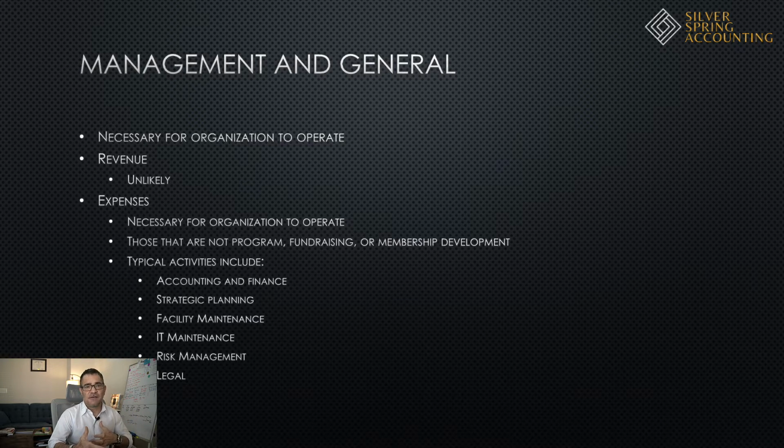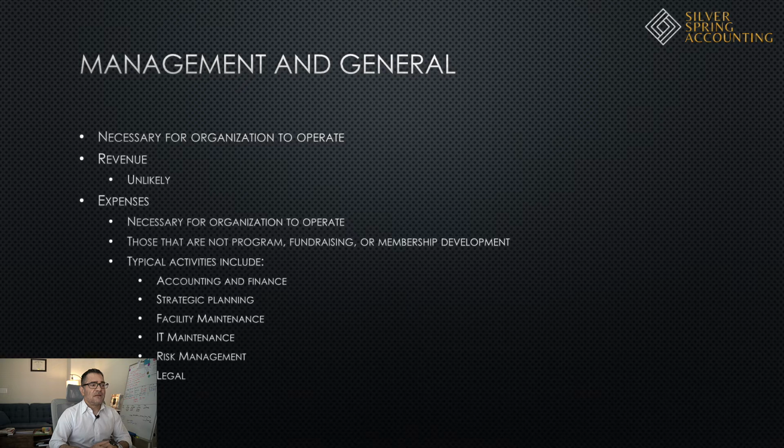If you receive something that says general operations, which I've seen before, that's just unrestricted contribution. I've seen people try to restrict things to management and general previously. That's just not true. When somebody says general operations, their intent is for it to be unrestricted.